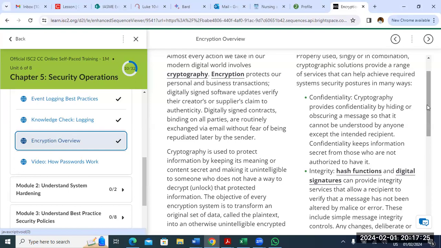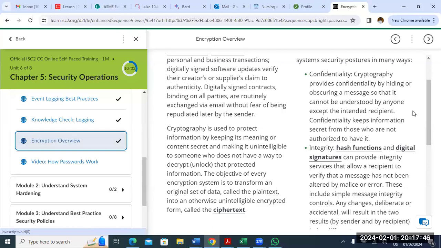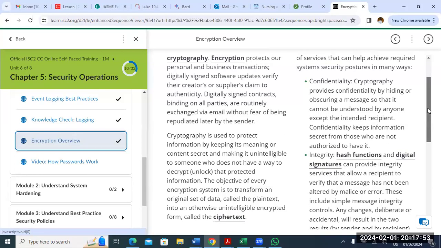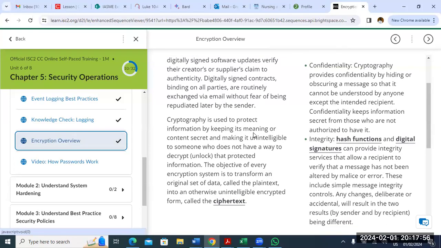We have signature-based and non-signature-based antivirus. Digitally signed contracts binding on all parties are routinely exchanged via email without fear of being repudiated later by the sender, who might claim they weren't the one that sent it, or that they never received it. That's not possible. With all this, you will know when it's delivered and when it's viewed or not.